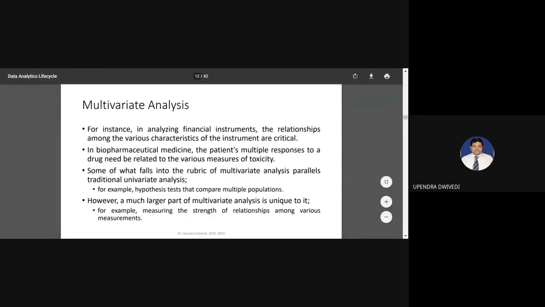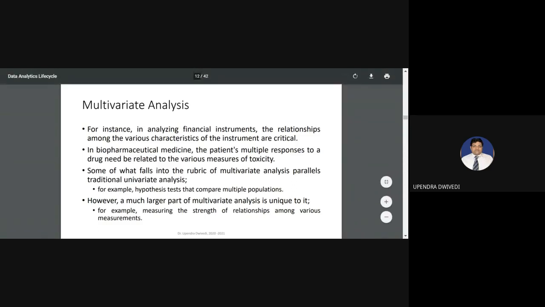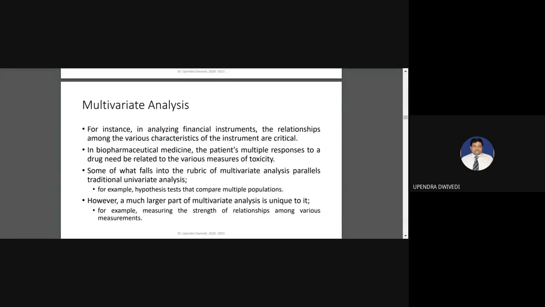A larger part of multivariate analysis is unique to it. For example, measuring the strength of relationship among various measurements. Suppose you have applied an approach to analyze the drug effect on a patient, and an approach to compare the population among different regions.